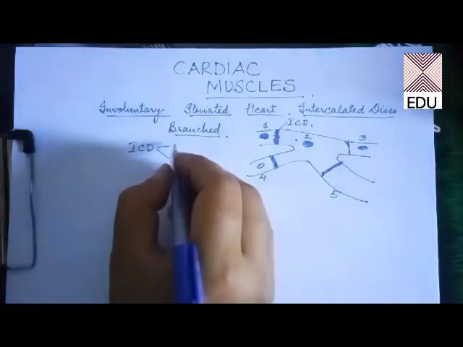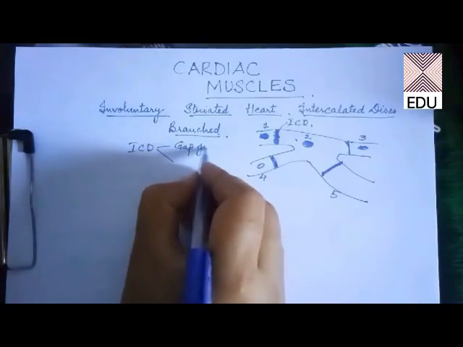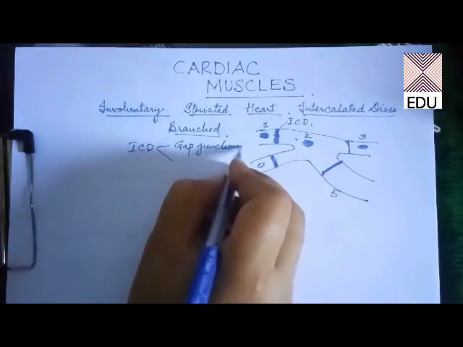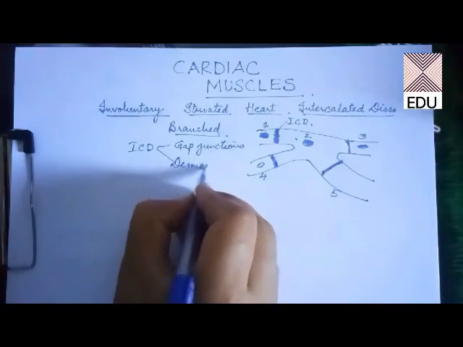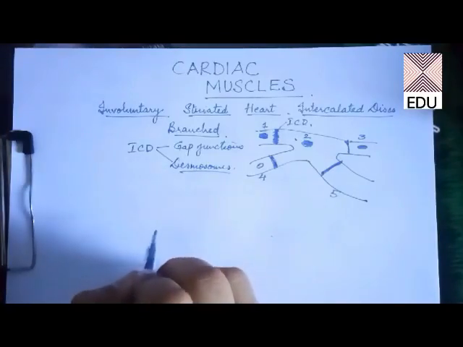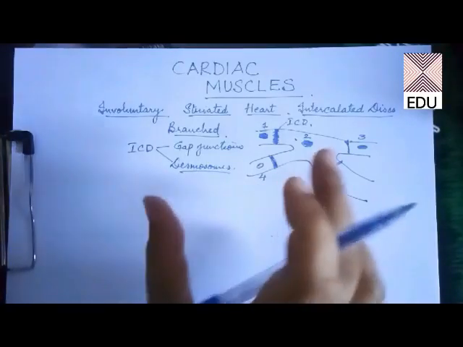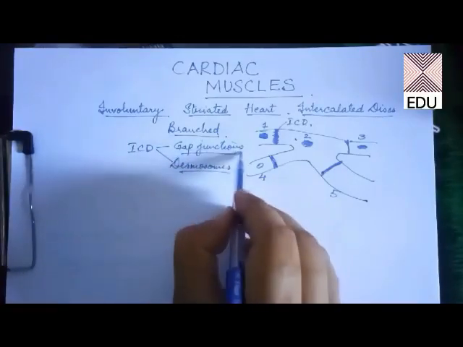Number one, they have got gap junctions and they have got desmosomes. So you all know that desmosomes are like helping in joining two cells together, and they also have gap junctions.